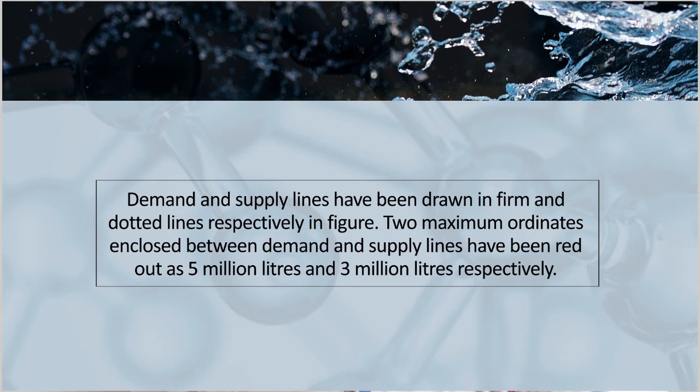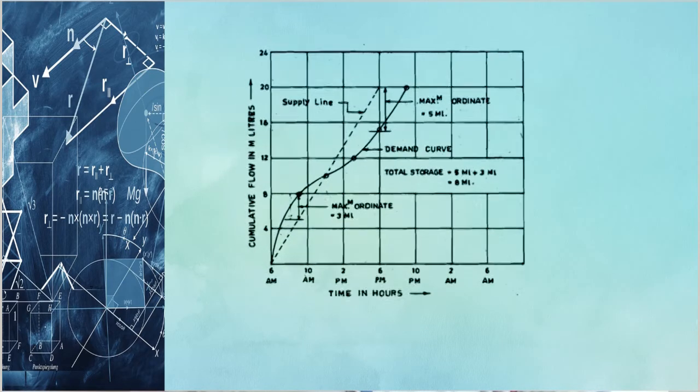So demand is the firm line and the supply line is the dotted line. Two maximum ordinates enclosed between demand and supply lines have been read out as 5 million liters and 3 million liters respectively. So this is the figure.